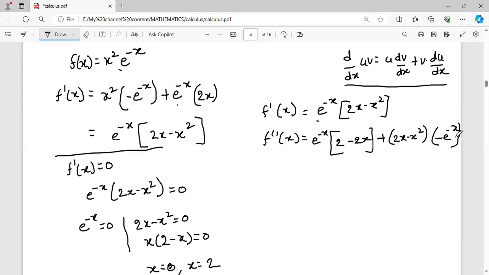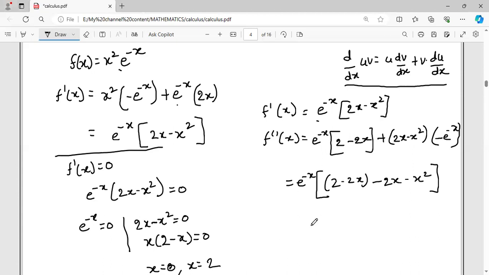Next, later we have to do the simplification. What is the common term here again? e power minus x is the common term. So by the simplification, 2 minus 2x, here plus 2x minus x square.